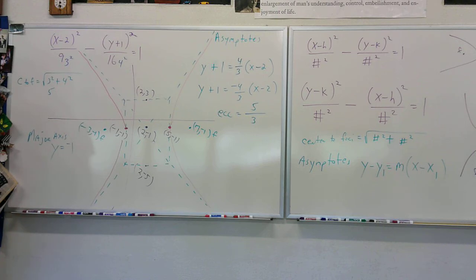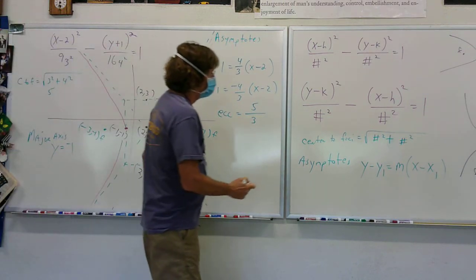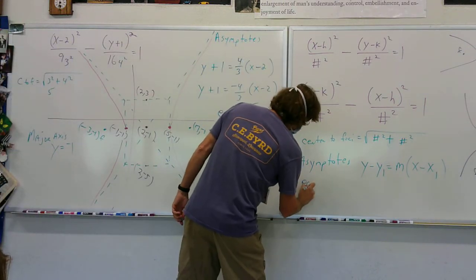What you'll find out is the eccentricity for this is always a number bigger than 1. Eccentricity for these should always be larger than 1. And eccentricity for your ellipses was always what? Less.